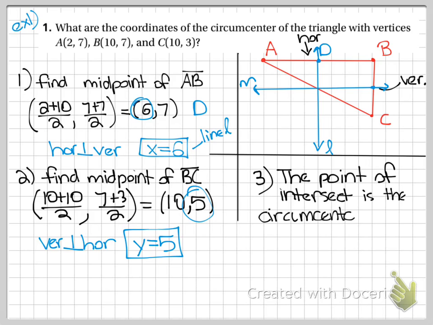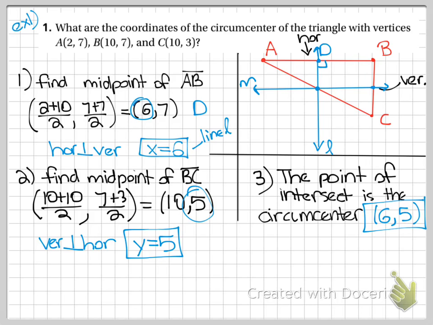The place where those two lines intersect is right here. That would be the point (6, 5). So they intersect at the point (6, 5). Therefore, the circumcenter of this triangle is the point (6, 5). And you can see that that really is true when they're all nice and graphed.